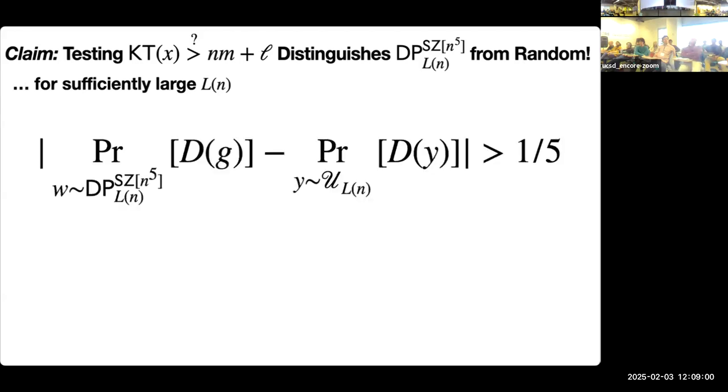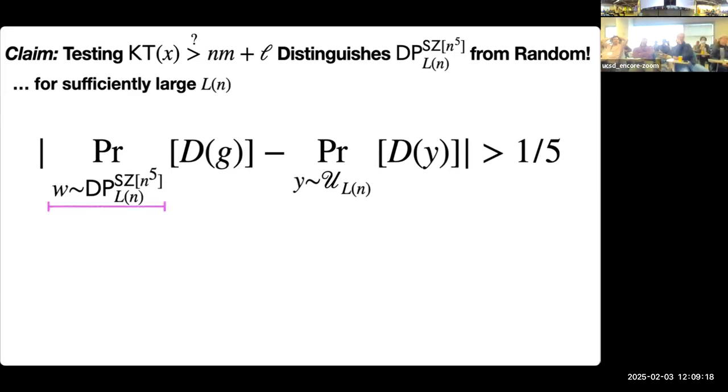Just recall this is the distinguishing gap equation. Here, that should be a W, sorry. Pretend that's a W because we're asking about the distinguisher on this.